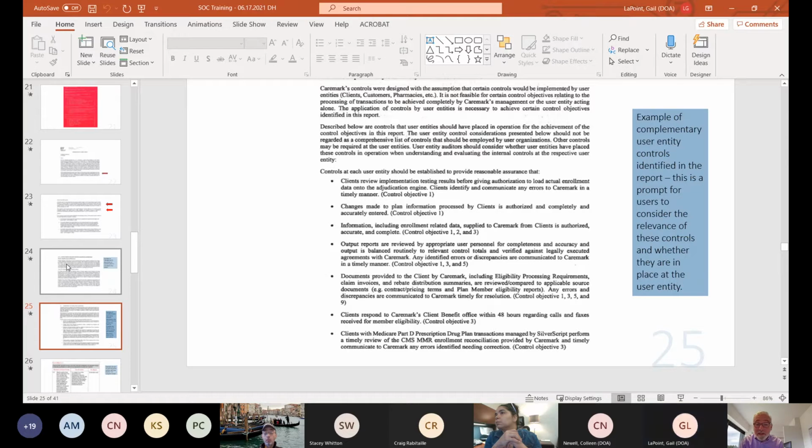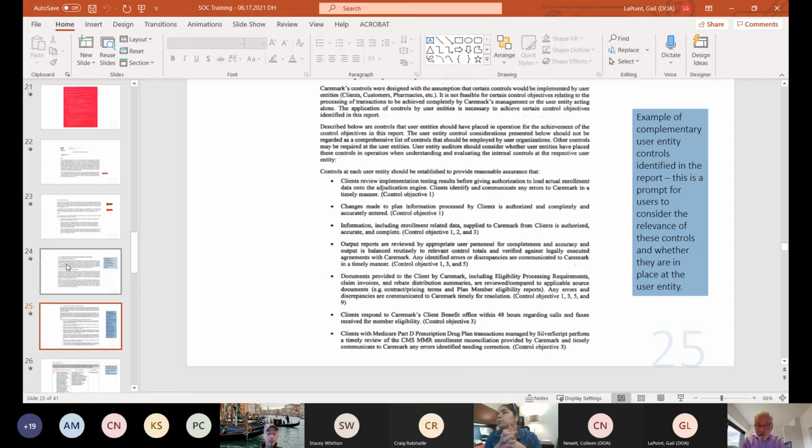Second one, changes made to plan information processed by clients is authorized and completely and accurately entered. So it's putting some of the responsibility on us, making sure that whatever we've decided as part of the covered services under the plan, that we are taking responsibility for making sure that that's been accurately provided and loaded into the system as well.